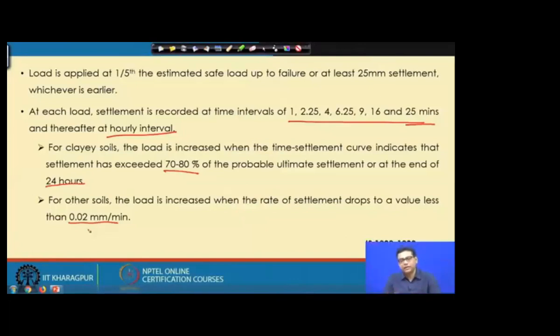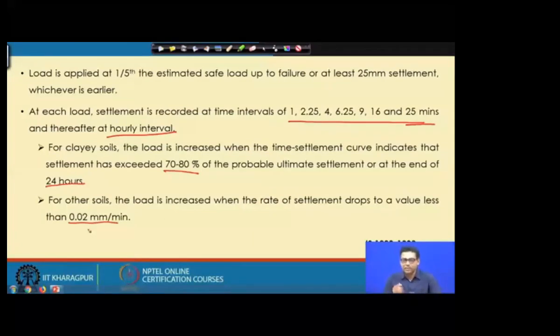And again for the next increment of load, you have to calculate the probable maximum settlement, and see whether it exceeds 70 or 80% of that. If it exceeds, then you apply the next increment. This is for the clay.